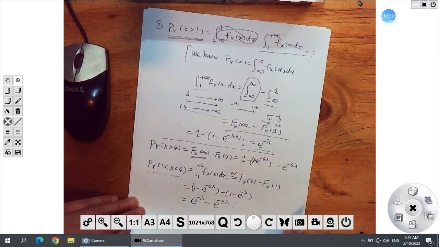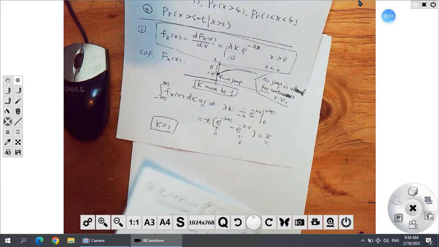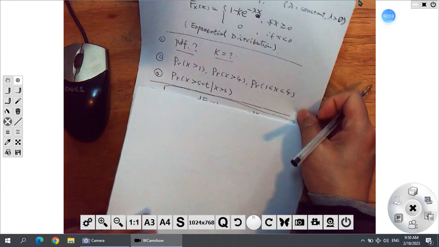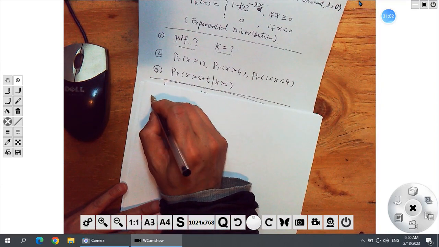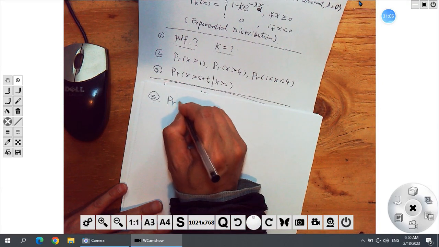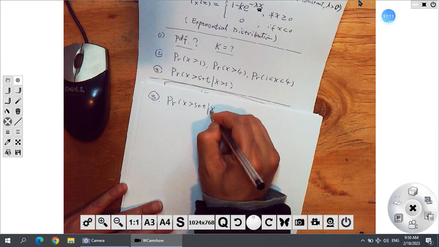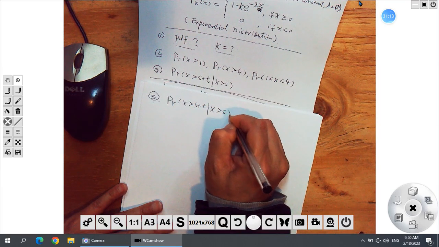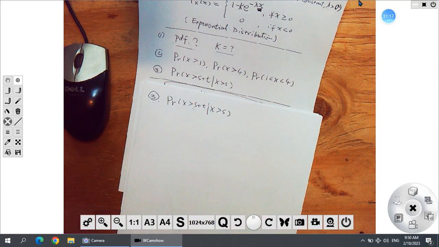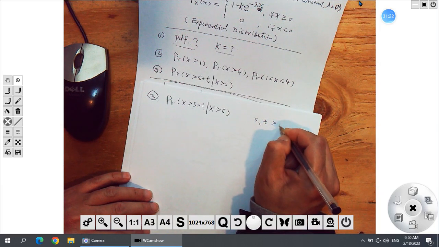And the third question I have asked is this conditional probability. We want to know the probability of X larger than s plus t, given the condition X larger than s. Here s and t are positive values, larger than 0.